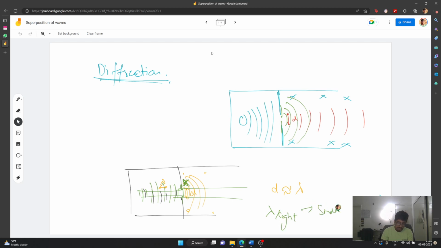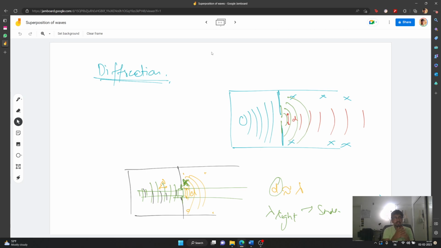So this D becomes not comparable to lambda, but much bigger. D is of the order of a meter, or if it is a door, maybe a couple of feet. But lambda of light is on the order of nanometers, as we had seen in the previous chapters. For sound, this is not the case. Sound is also on the order of a few feet or a few meters or half a foot.